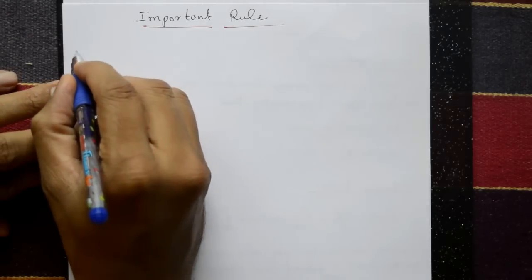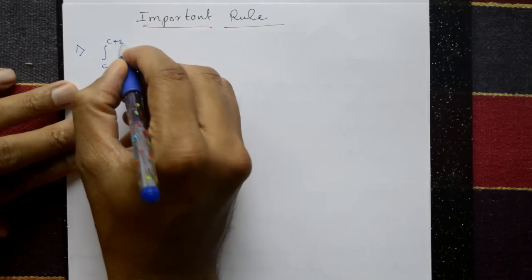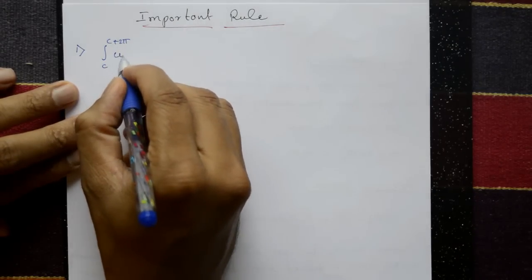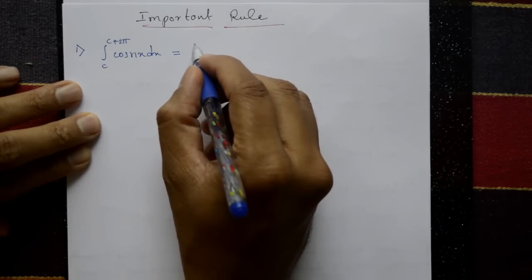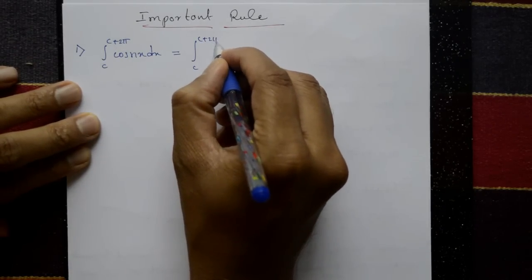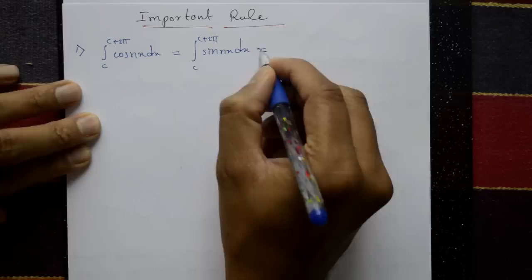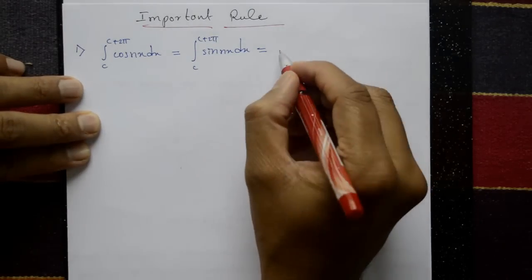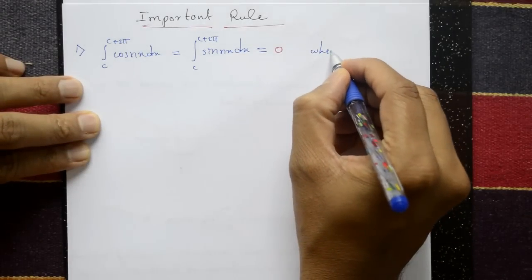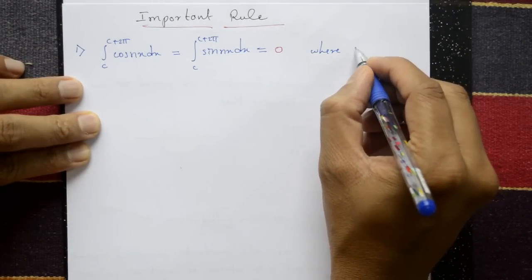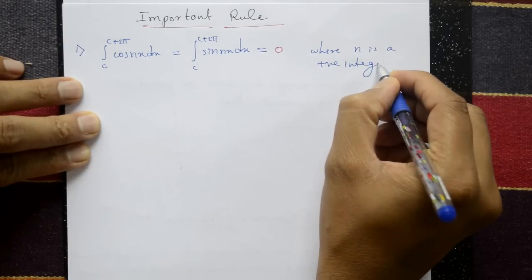Rules: first one, integration from c to c plus 2 pi of cos nx with respect to x, and integration from c to c plus 2 pi of sin nx with respect to x, both answers are 0, where n is a positive integer.